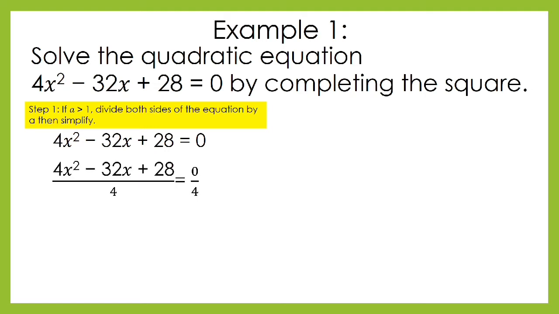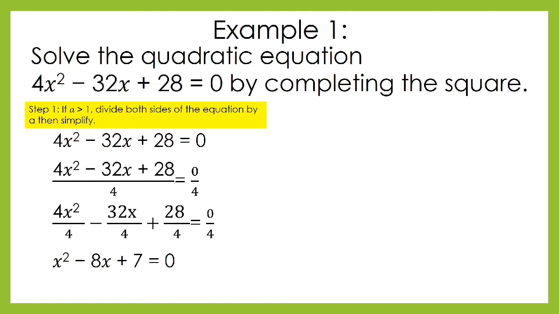We have 4x squared minus 32x plus 28 all over 4 equals 0 divided by 4. Simplify. 4x squared divided by 4 minus 32x divided by 4 plus 28 divided by 4 equals 0 divided by 4. 4x squared divided by 4 is x squared.